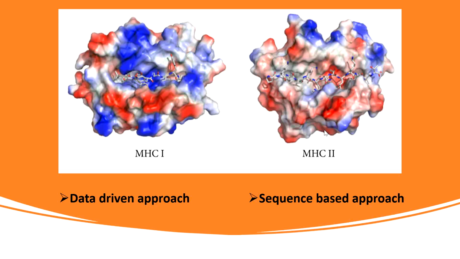However, it was soon shown that non-anchor residues also contribute to the capacity of a peptide to bind to a given MHC molecule. Subsequently, researchers developed motif matrices which could evaluate the contribution of each and all peptide positions to the binding of the MHC molecules.